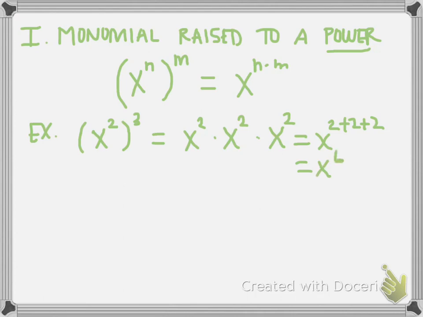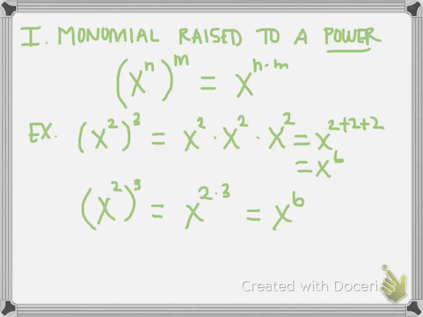Okay, the shortcut tells me x squared raised to the third power is I'm going to multiply those exponents together. Okay, so I would say x to the 2 times 3, and we get the same answer, right?